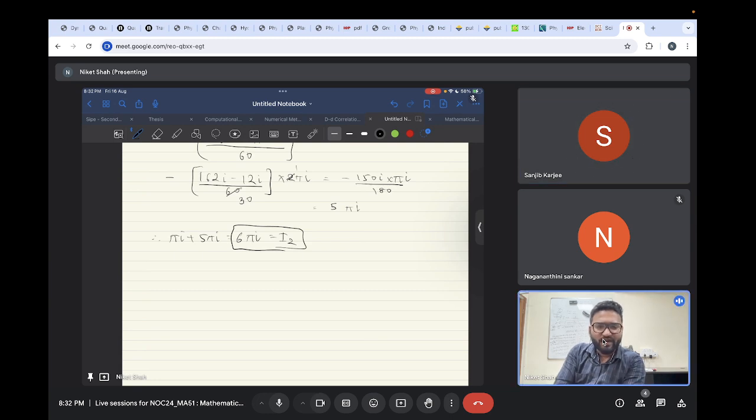Yes, half into 2 pi, even that is a residue. So I don't understand why you're saying it separately. All you have to say is 2 pi into sum of residues. So half is also one of the residues, right?